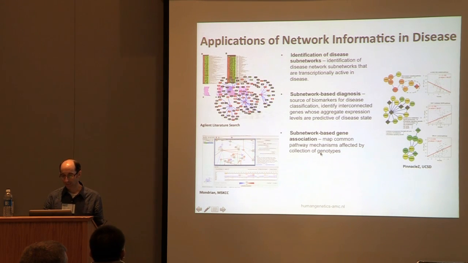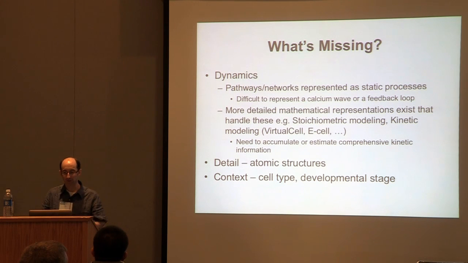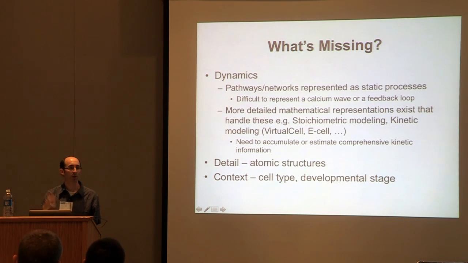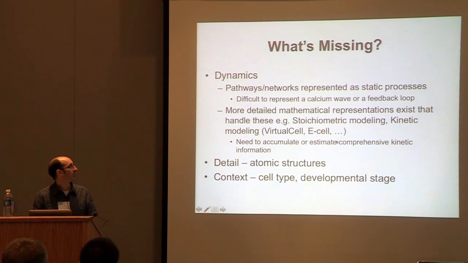Okay, so it's important to understand, at least from the network view, what's missing when you're viewing a network. Typically, the networks that we see are static. You might see networks at different time points, which is useful, but it's difficult to represent the real dynamics that we know are happening in the system, in the cell or the physiology. There's a large community of researchers who work with data at that level, using more detailed mathematical representations to model dynamic processes.